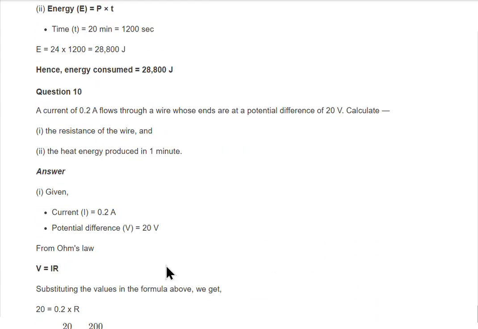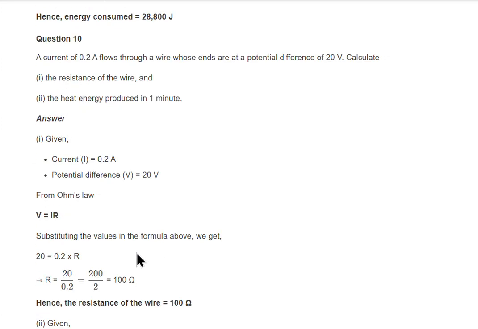That much heat energy is consumed here. Okay, now question number 10. A current of 0.2 ampere flows through a wire whose ends are at a potential difference of 20 volt. Calculate the resistance and the heat energy in 1 minute. So current is 0.2 ampere and potential difference is 20 volt. By Ohm's law, V equals IR, so R is V by I. 20 divided by 0.2 gives 100 ohm.